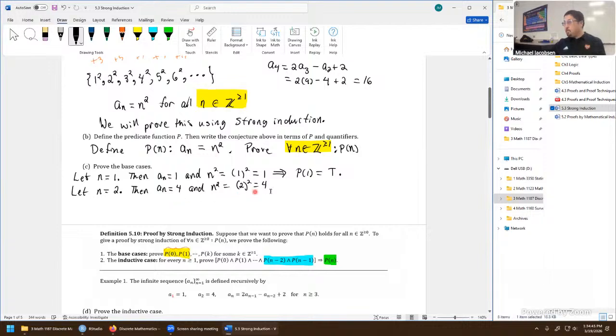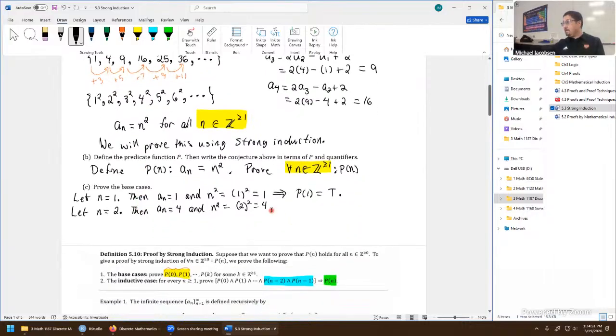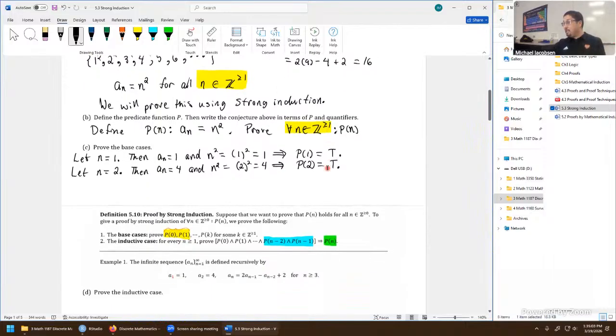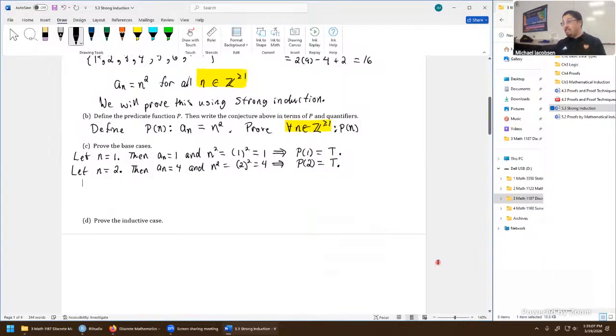It's 4 as well. We definitely knew that. That's what we were looking into when we conjectured that formula here. But now we know it's strictly true, so this proves the predicate function at input 2 is also true. So that's 2 down. We have infinitely many to go, but that's what we're going to resolve when we now go to the inductive case.